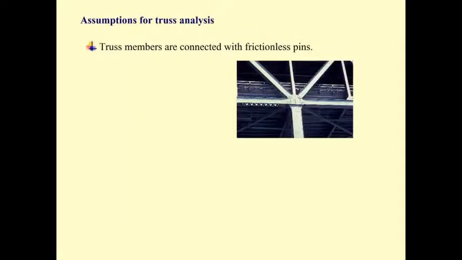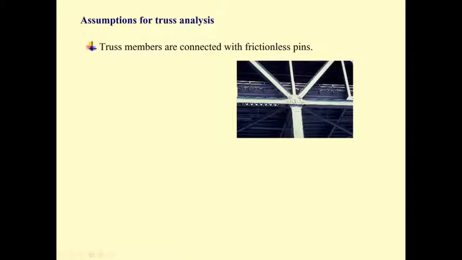Okay, the assumptions for truss analysis. In engineering statics, as I mentioned before, you may recall there are two assumptions used in the analysis of a truss. One is that the connection of the truss is a pin.